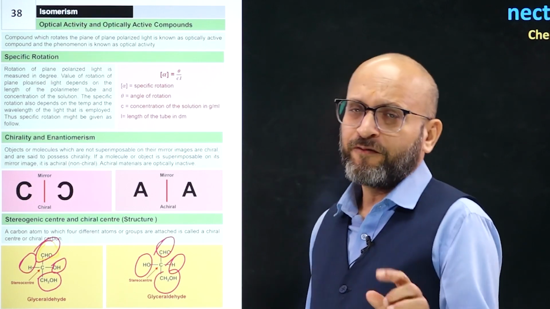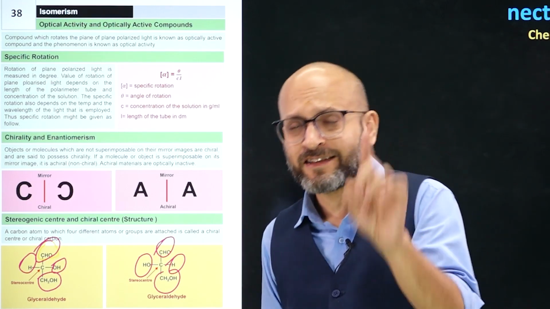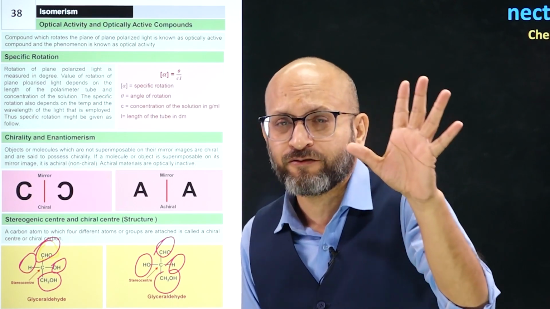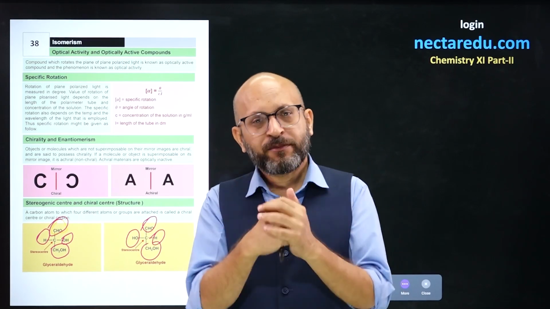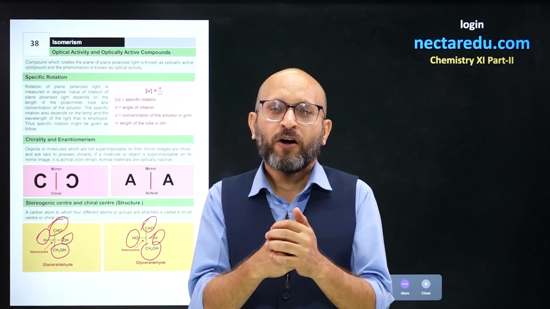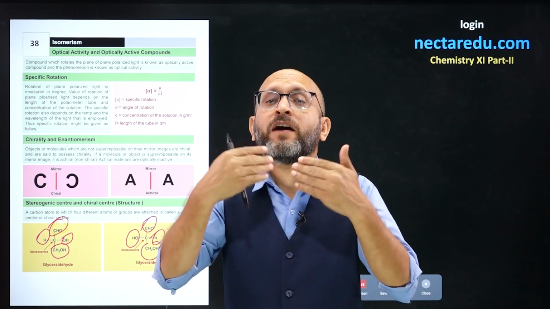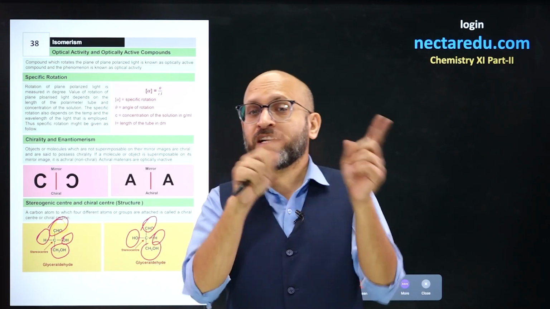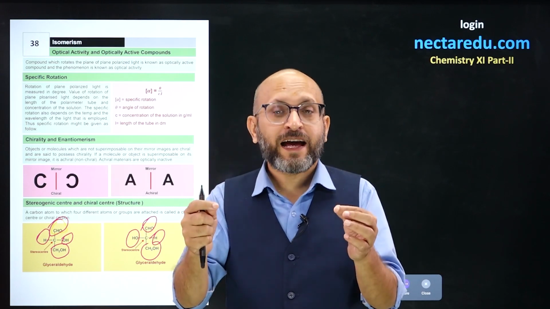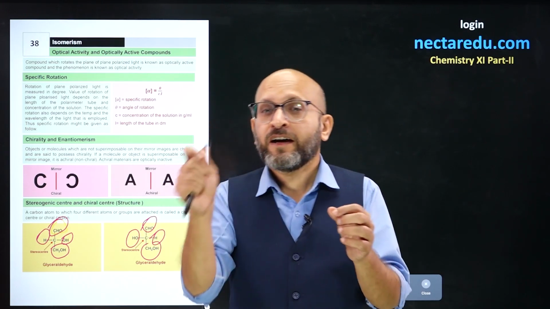If we have one chiral carbon, the molecule is unsymmetrical and optically active. Just remember, with one chiral carbon the molecule will always be optically active, and the compound and its mirror image will be non-superimposable and form a pair of enantiomers.